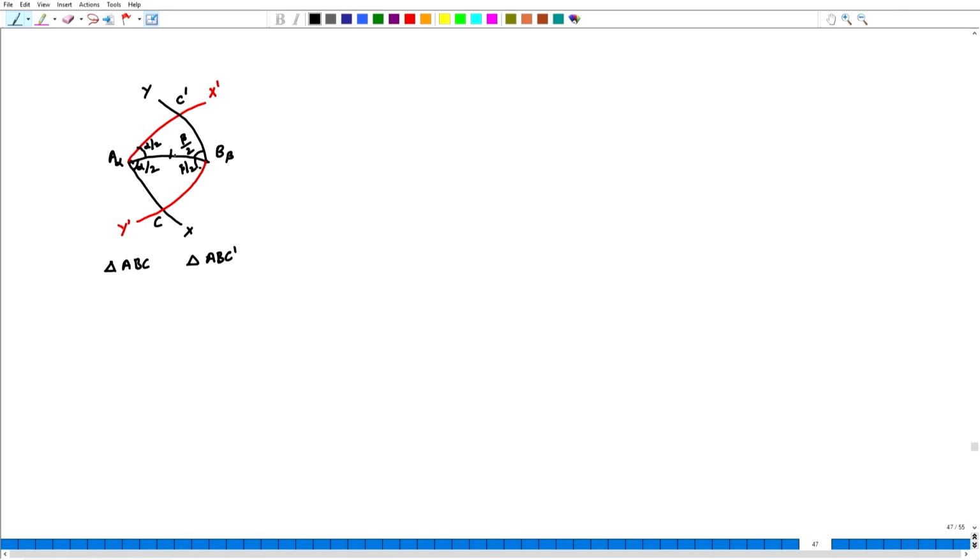I have a common side AB to the two triangles, and the angles with the common side are equal. Basically, it means that I have a side included between two equal angles, alpha by 2, alpha by 2, beta by 2, beta by 2. Hence, just like in Euclidean geometry, the two triangles ABC and ABC prime are congruent, which would also mean that the other sides are equal and the other angles are also equal.